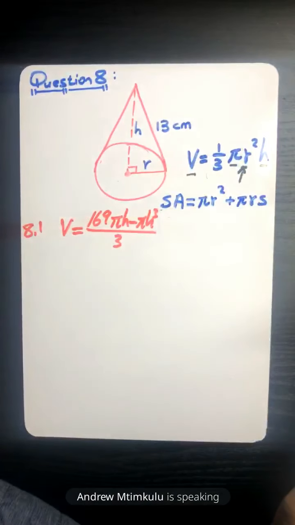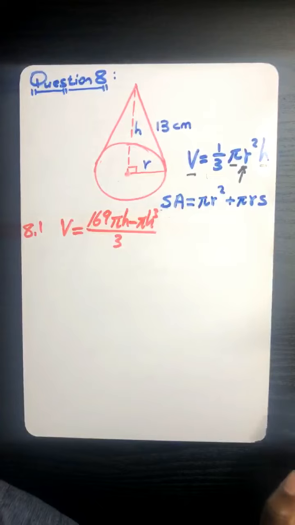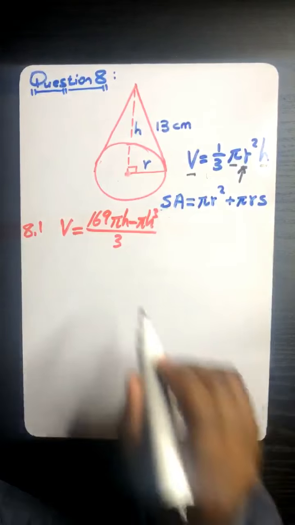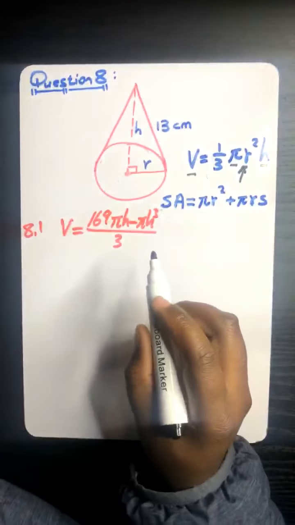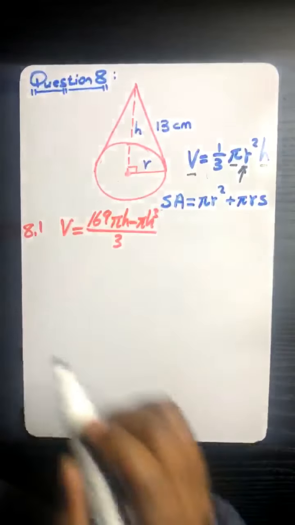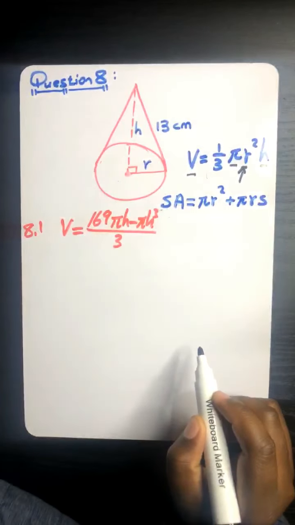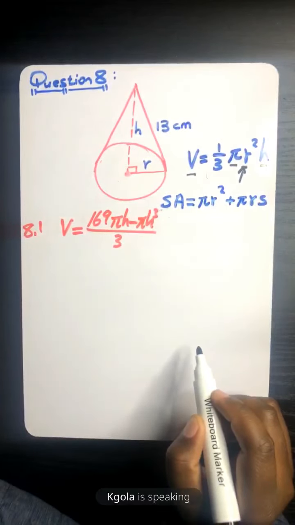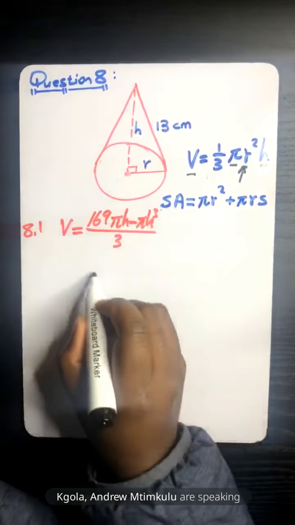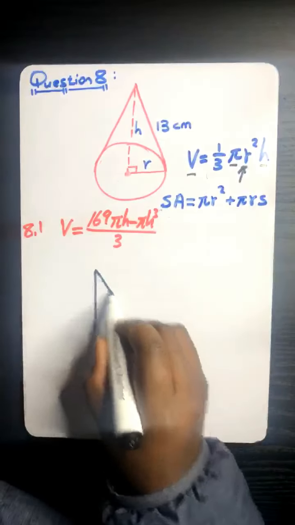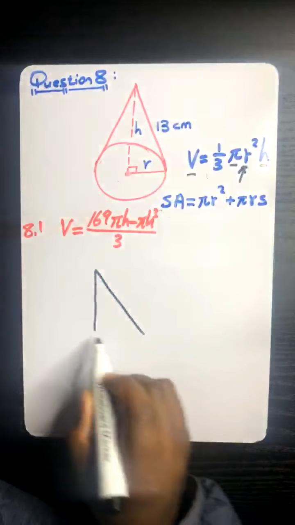Radius, sir. 100%. So now, what type of triangle are you seeing over there? A right angle triangle. Yes.